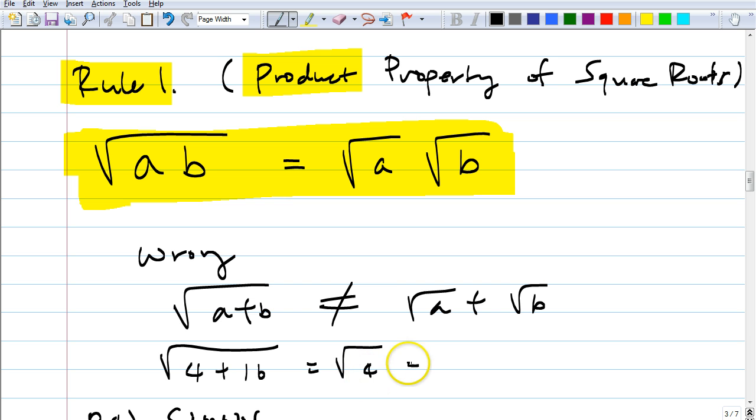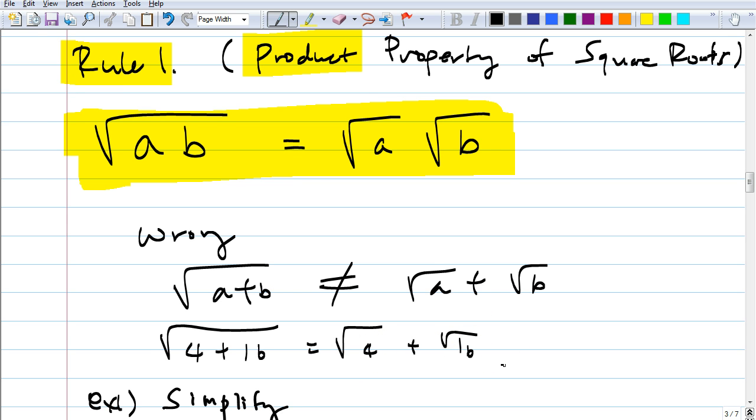Is this the square root of 4 plus the square root of 16? No, because this is the square root of 20, which is equal to what? 2 plus 4. If this was true, you get 2 plus 4, which is 6. What is that 6 in terms of square root? The square root of 36. Is the square root of 20 equal to the square root of 36? No, you see how it does not work.